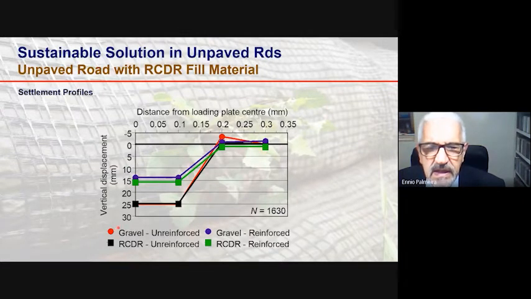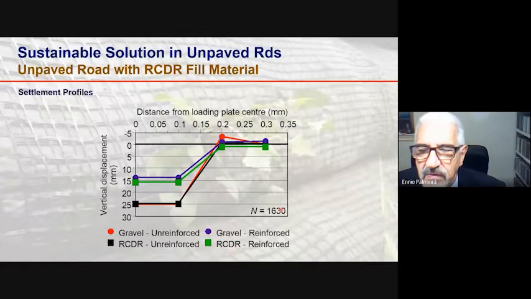This figure shows the vertical displacement profiles at the surface of the road. The red and black lines here are the result for the unreinforced roads built with gravel and with residues, and the blue and green curves are the results for the reinforced roads built with gravel and RCDR for a number of load repetitions of 630.